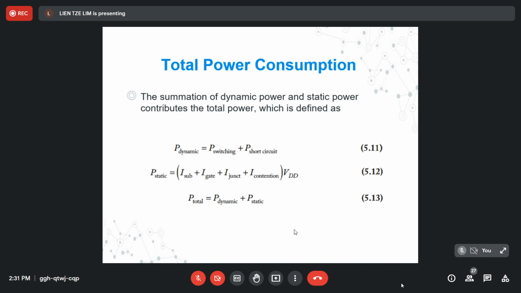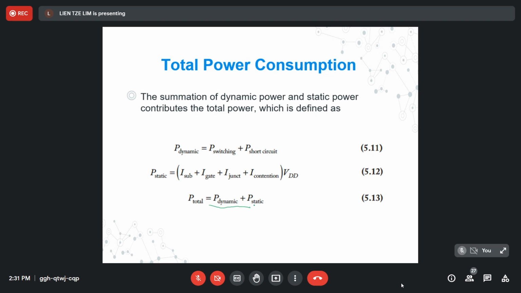Total power consumption is the summation of dynamic power and static power, defined as P total equals dynamic power dissipation plus static power dissipation.